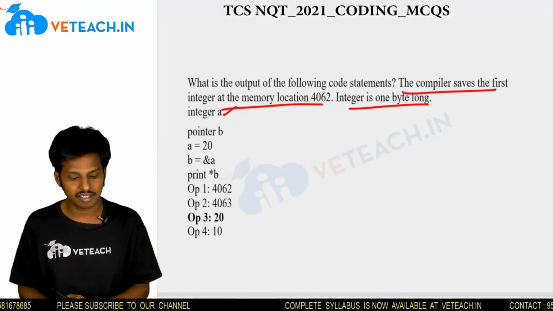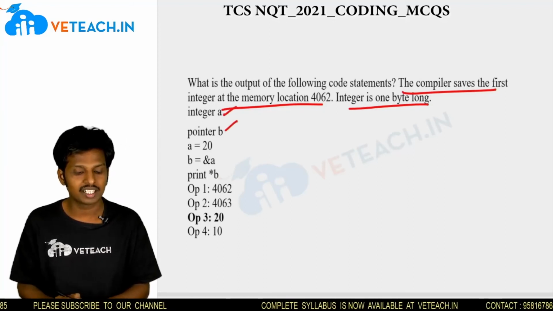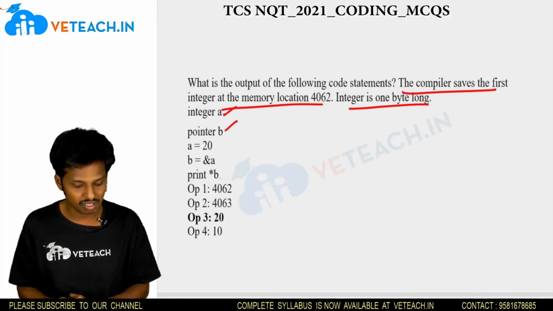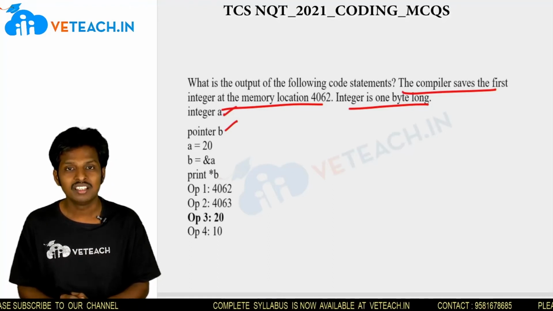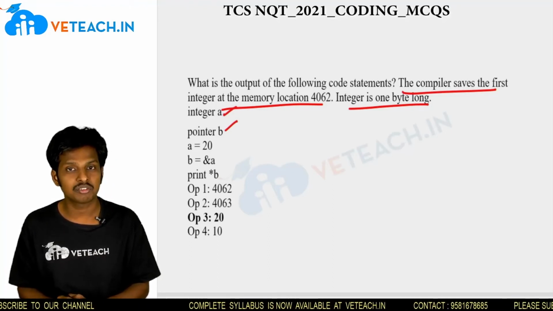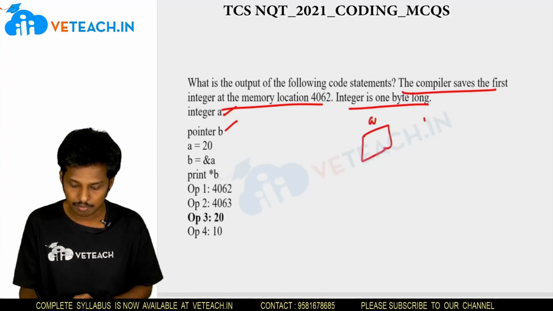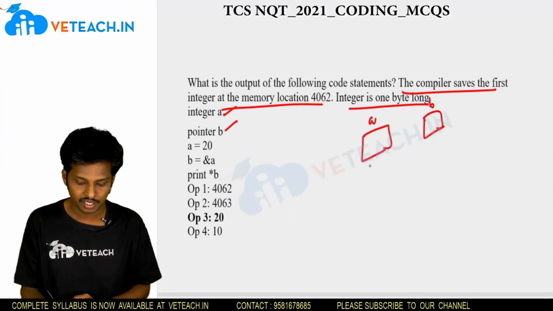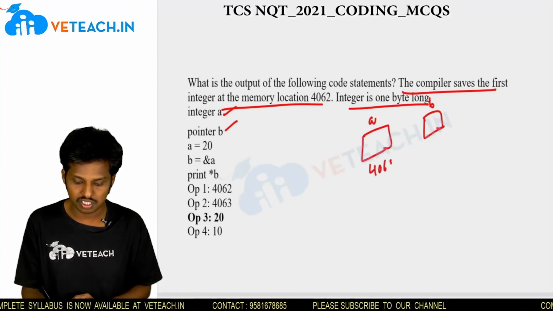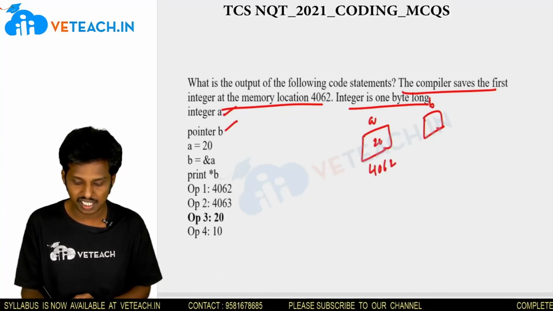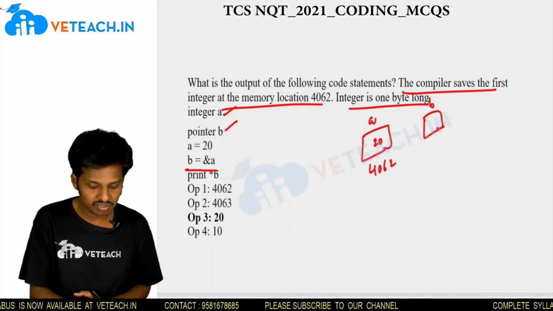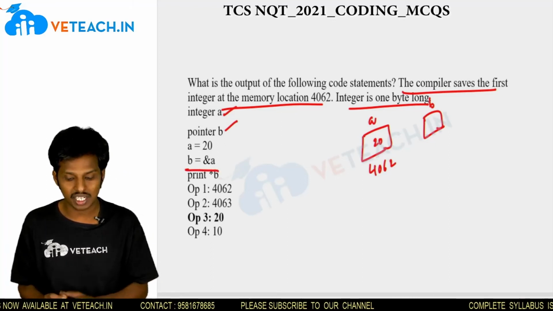Integer a was declared, pointer b was declared, a is equal to 20 was initialized and b equal to address of a. So it was already stated that 4062 is the address location. So a is a variable and b is a pointer variable. The address of this one is 4062 and the value present in a is 20. And according to the statement b equal to address of a, what is the address of a?